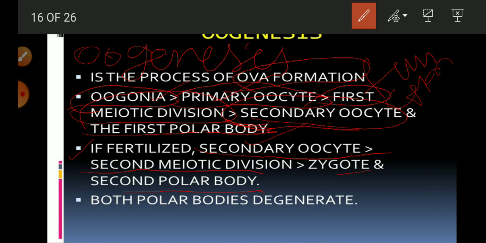When the sperm enters, this cell divides into one that becomes the zygote and another that is the second polar body. Both polar bodies degenerate later on. But if there is no fertilization, the secondary oocyte will degenerate very soon and sheds off with the endometrium wall we have seen, every month.